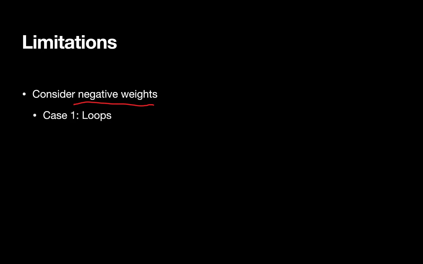Okay, so there are also some limitations we need to consider with Dijkstra's algorithm. As we already saw when we looked at the Wikipedia article, it indicated that negative weights aren't supported. So let's look at two cases where negative weights would cause Dijkstra's algorithm to find an incorrect solution. The first case is where there's a loop. In this case, if we start at our start node S, we have a cost of 5 to get to vertex 1.